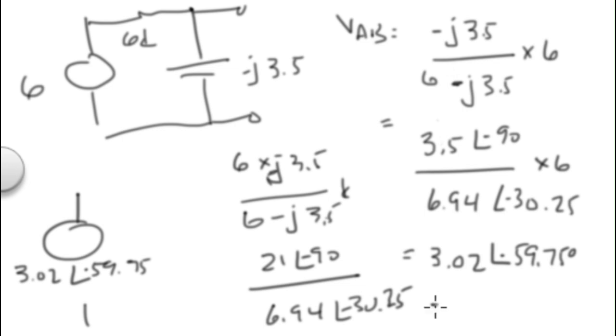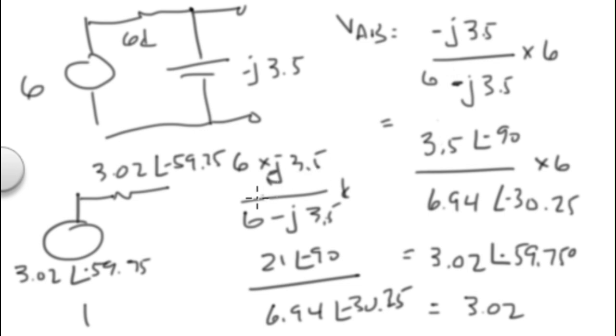It's 21 divided by 6.94 or 3.02. It's kind of strange, but we are getting the exact same value for our R-Thevenin, which is 3.02 at angle, notice this, minus 59.25. Now that's strange, but it's just an accident.